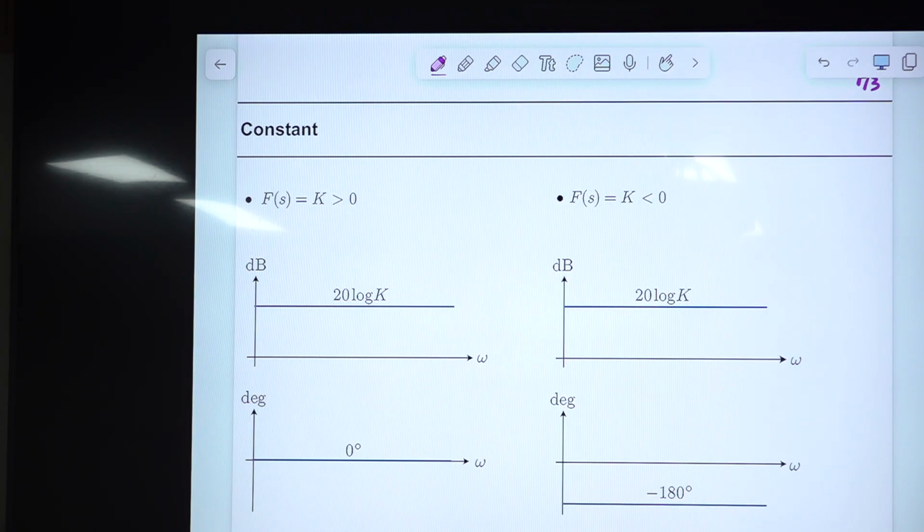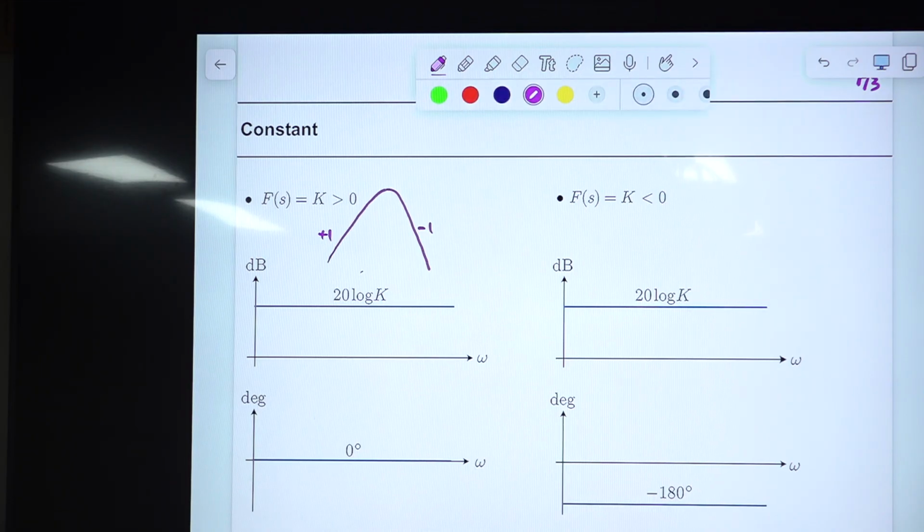One thing I want to say is this. Suppose you have this kind of frequency response, simulated or measured with something. Then probably this is plus 1 slope, 20 dB per decade, and minus 1 slope, minus 20 dB per decade. The phase here is 90. This plus 1 slope means the phase is 90, so the phase stays at 90, and then minus 90 degrees.